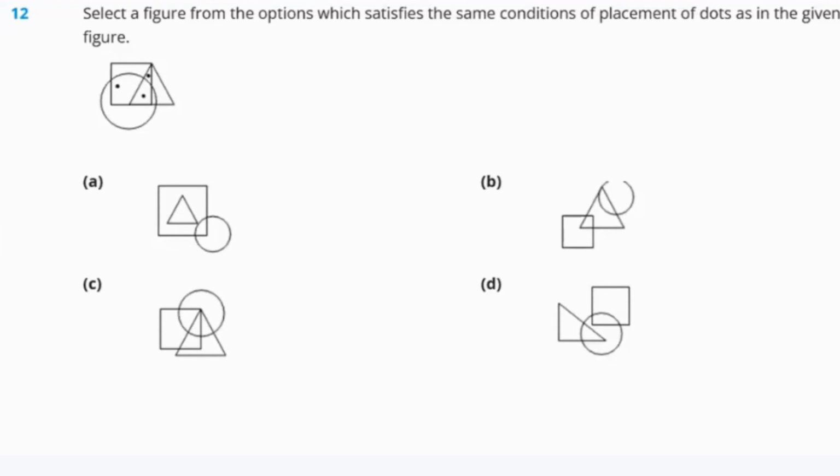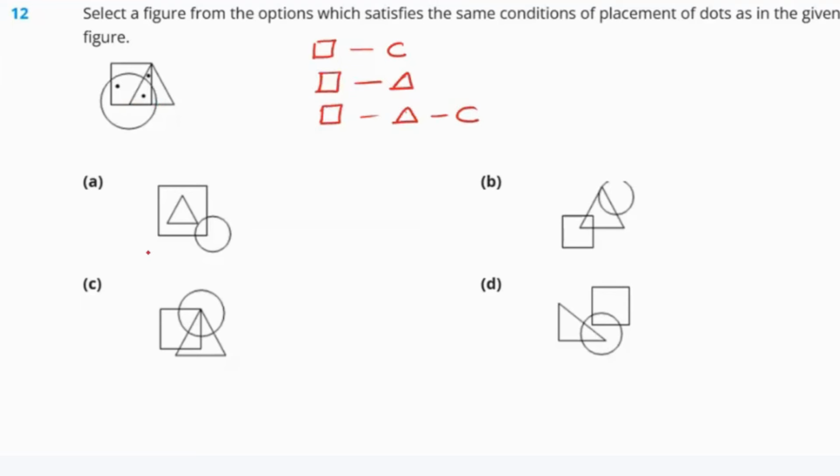So one dot is here, that is common in the square and the circle. One dot is here which is common in the triangle and the square. And one dot is common in the square as well as in the triangle and the circle. So this should be the placement of the dots.